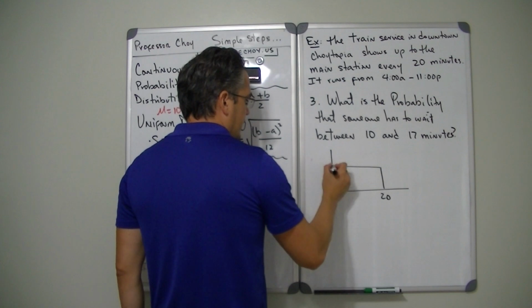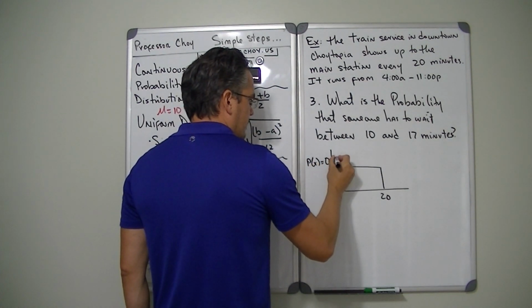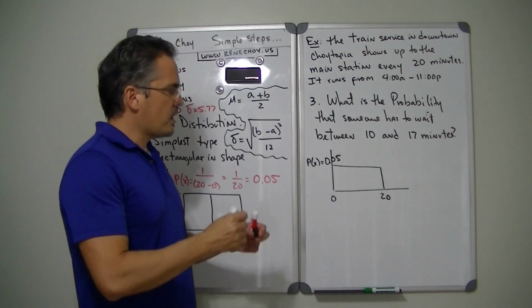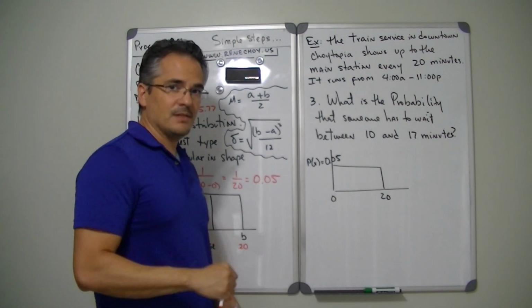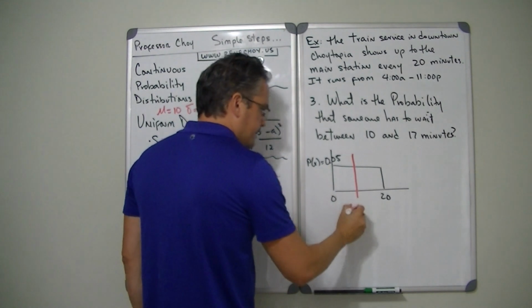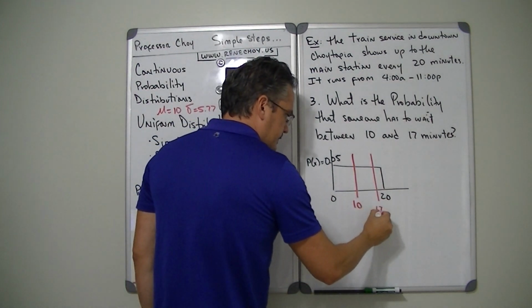So we know that this p of x is 0.05. Now, the question is asking us, what is the probability that somebody has to wait between 10 and 17 minutes? So we're going to be at 10 and all the way to 17.